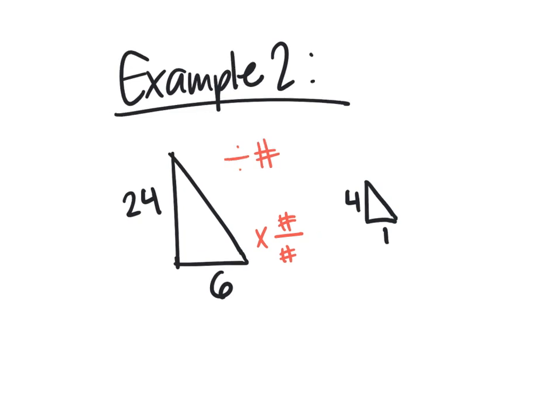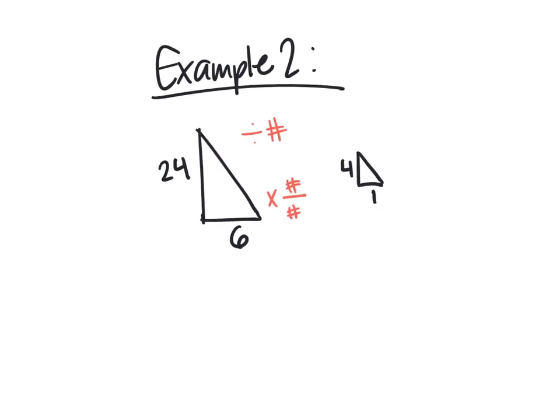It's easy to find some things whenever you can tell that, oh, I know 24 divided by 6 gives me 4, and 6 divided by 6 gives me 1. So I know I would divide by 6, or that's the same thing as multiplying by 1/6. So let's take a look at using our equation again just to double check to make sure we did it right.